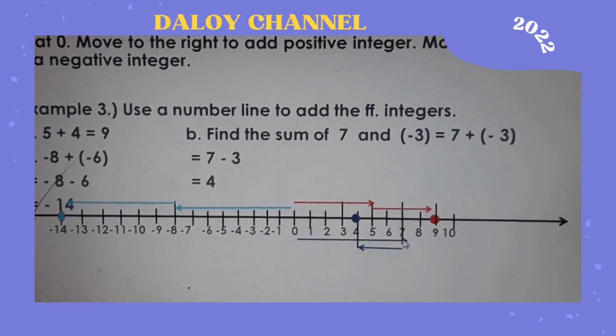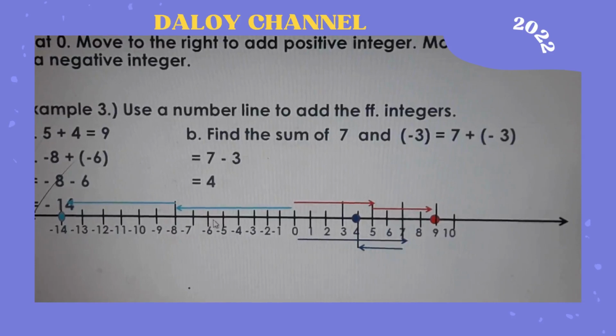But since the operation is subtracting 3, I go back from 7 to the left side. Counting from 7, 3 units to the left, I end up at 4. The answer is 4. So again, the number line illustrates the addition of two or more integers.